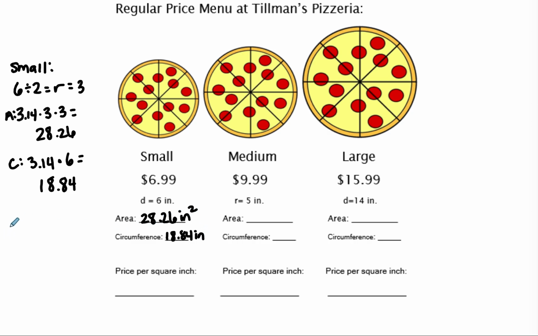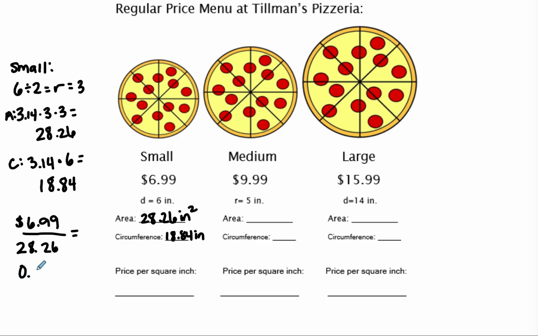And then price per square inch, we take $6.99 and divide by our area, 28.26.